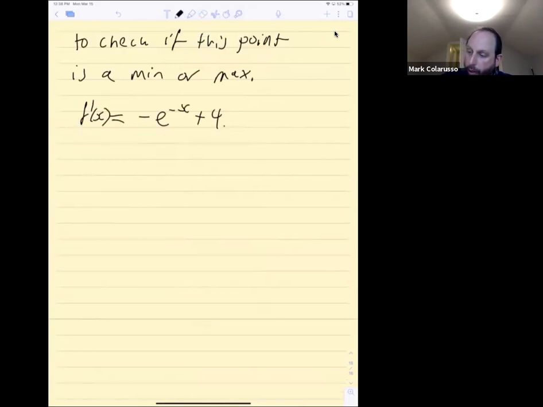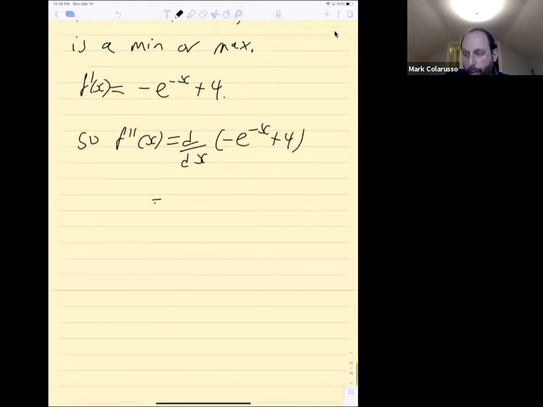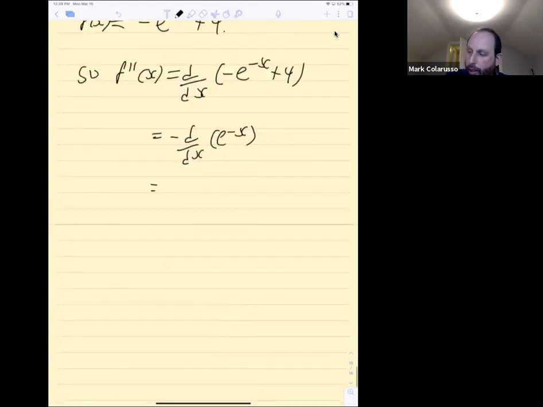Okay, so the second derivative is the derivative of this guy. And you go through the motions again, but this is minus the derivative of this. Of course, the derivative of 4 is 0, and this is minus e to the minus x, just as before. So in this case, the second derivative is just e to the minus x.